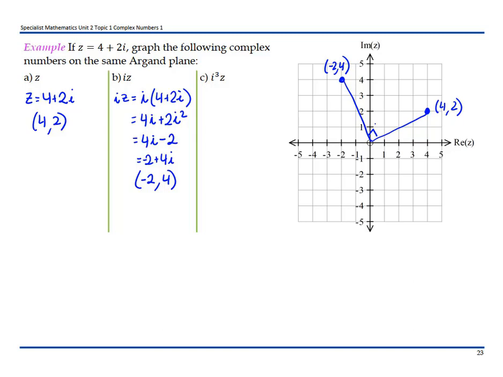Okay. So I'll label them: z equals 4 plus 2i, and this one is iz, which equals -2 plus 4i.